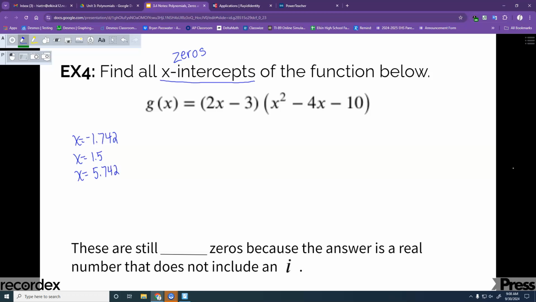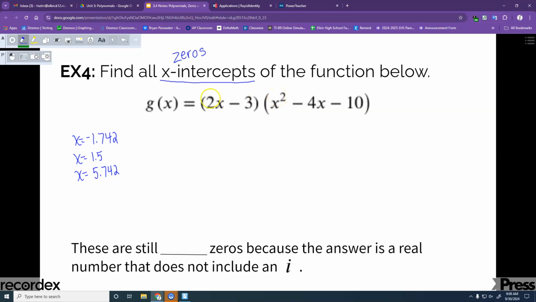Okay, yes. Can there be more than like 3 x-intercepts? There could not be on this one because remember our rule that you can only have the number of zeros of your highest degree. Now this one looks like your highest degree is squared because it has this x squared here, but it's not been multiplied back together.